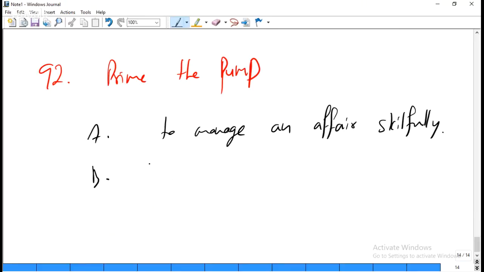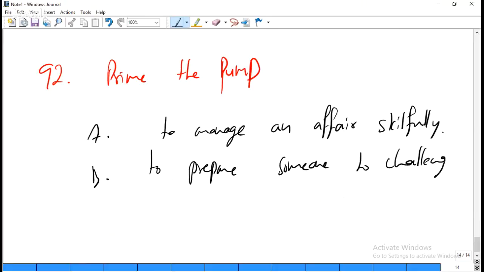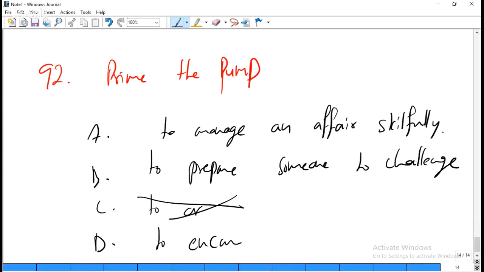B, to prepare someone to challenge anybody. C, to organize a music performance. No. D, to encourage the growth. So D is correct. It has got the meaning.